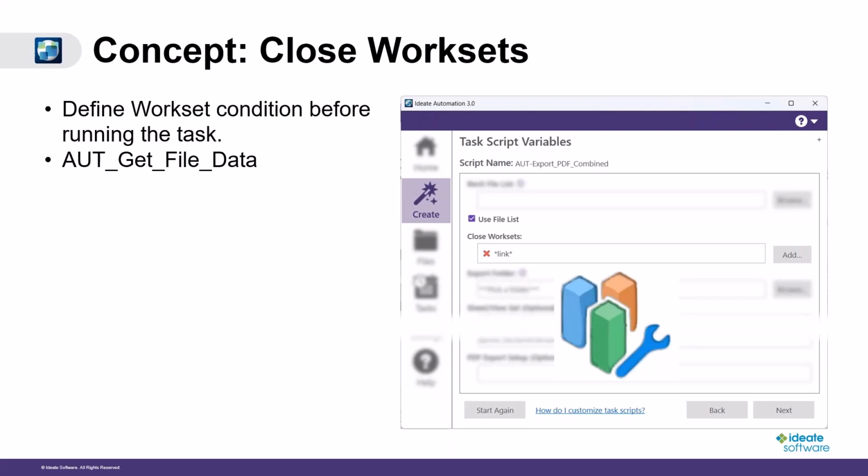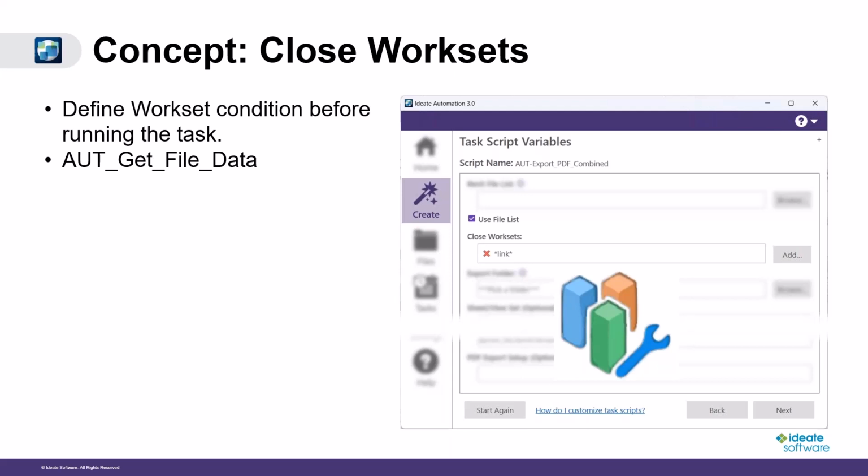That work shared file, as you noticed when I said close work sets, needs to know what the work sets are named. So there is a task called get file data, and basically it scrapes the list of work sets, and it saves that. So it has a CSV file that will be that list of work sets.